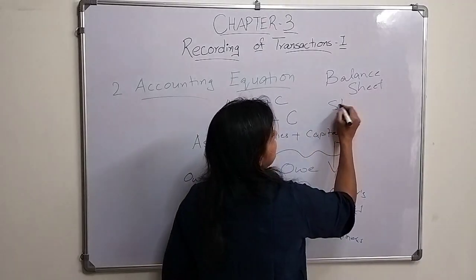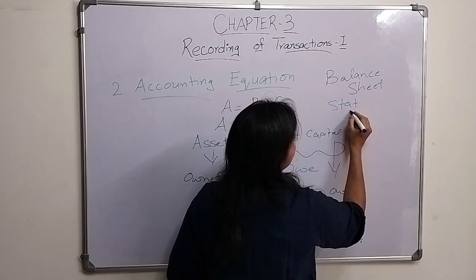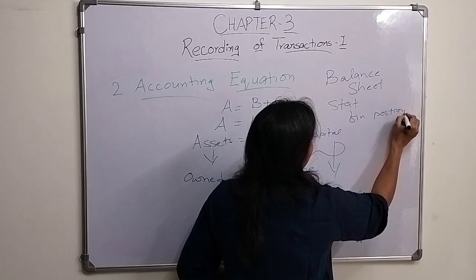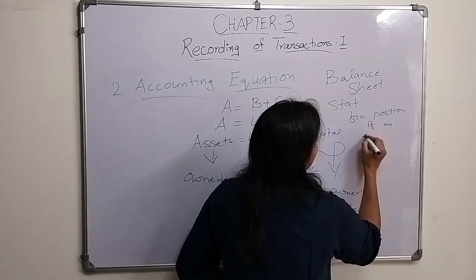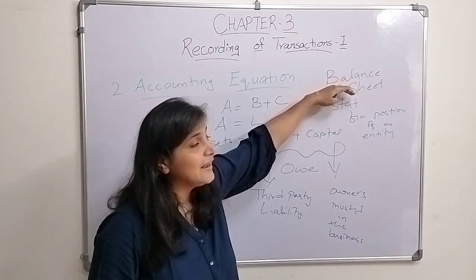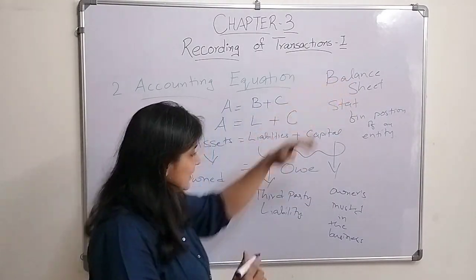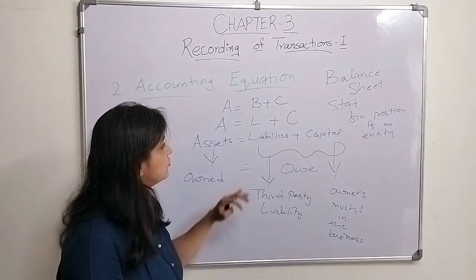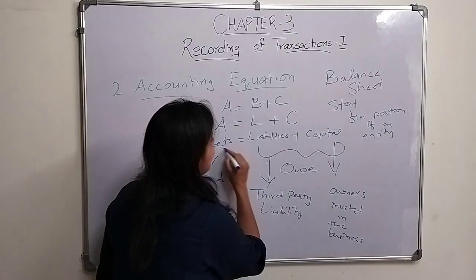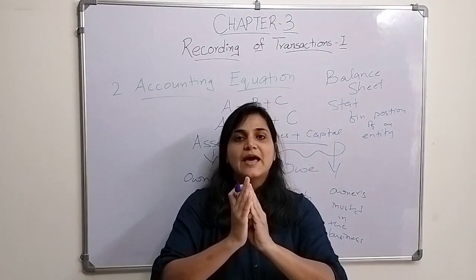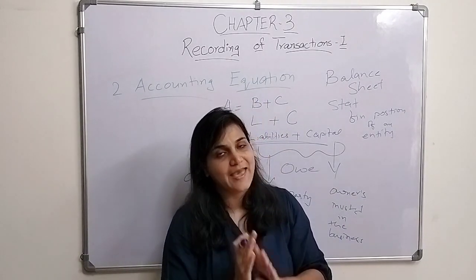It is a statement showing the financial position of an entity. And why is it termed a balance sheet? Because the two sides are always going to be balanced. The assets will always be equal to liabilities as well as capital.